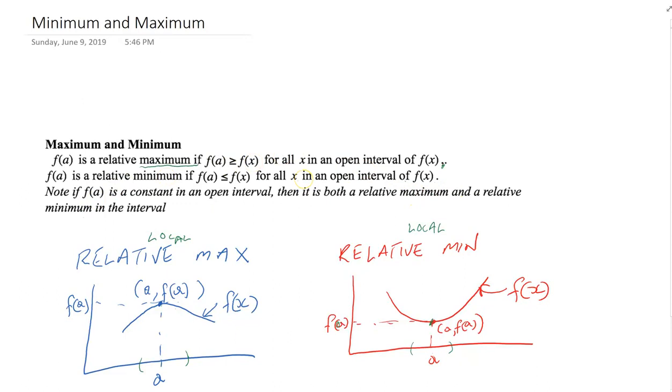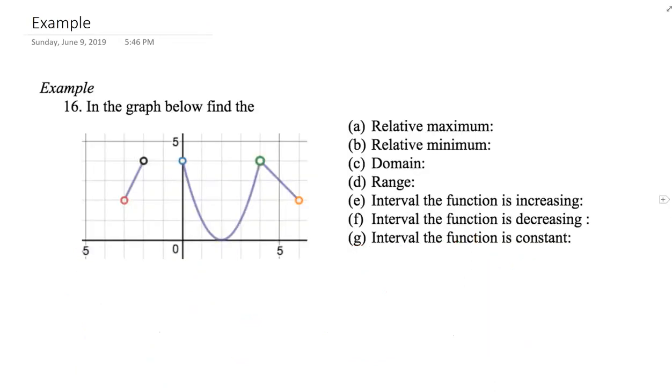Right? So if a constant f of a value in a particular interval, then it's both a max and a min, right? And that is about it for the theorem. Let's look at an example.